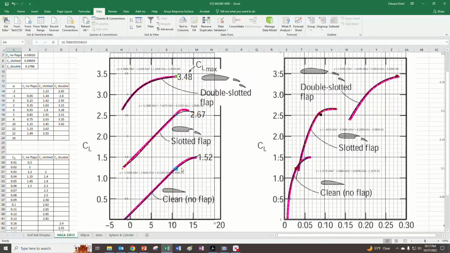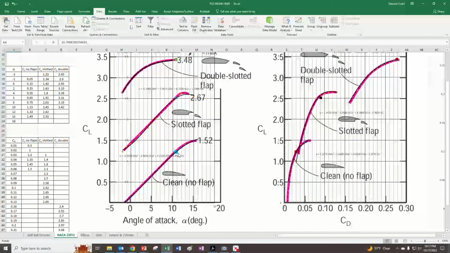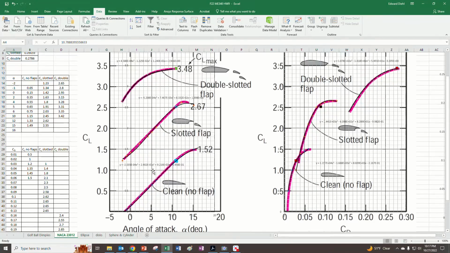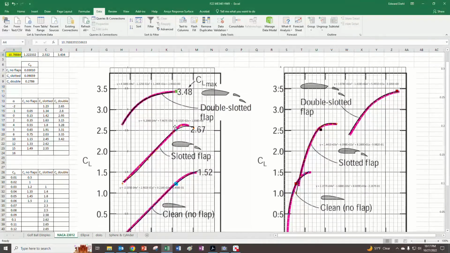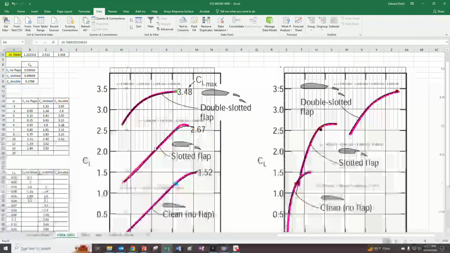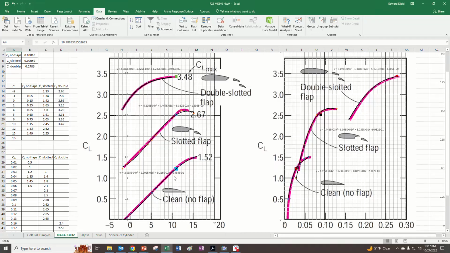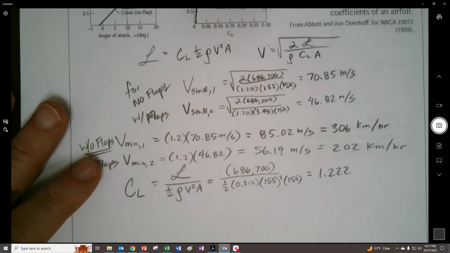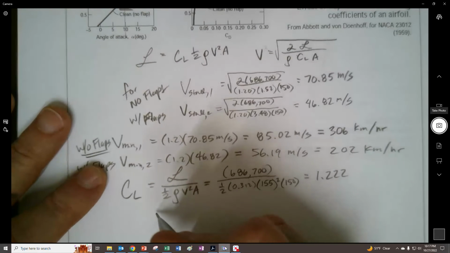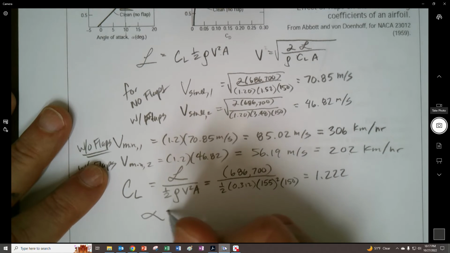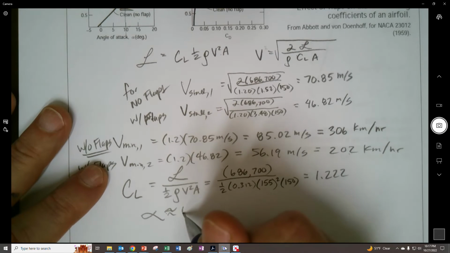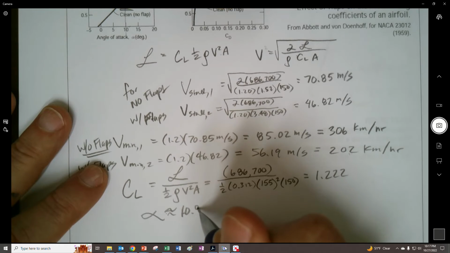But you can see this is about where it's going to be, that 1.22, right in that region. There's some amount of error because I don't have it perfectly lined up, but I think the error is going to be less than if you just go by eyesight. So anyway, that's what I did right here, and I estimated that my angle of attack is approximately 10.8 degrees.